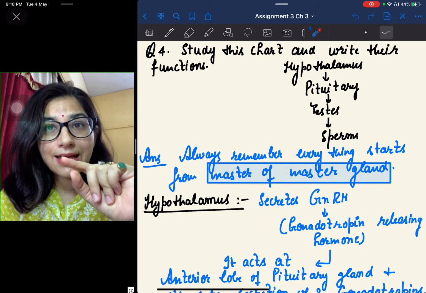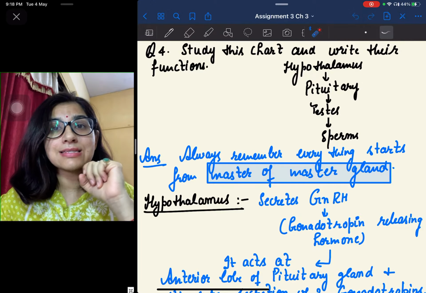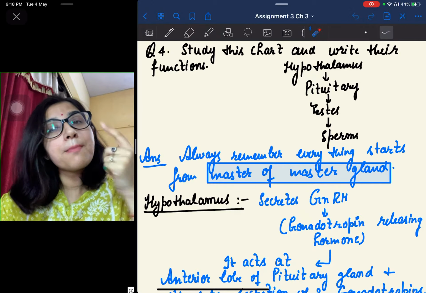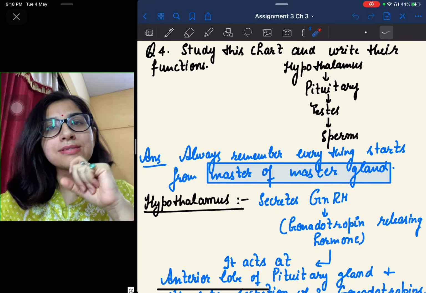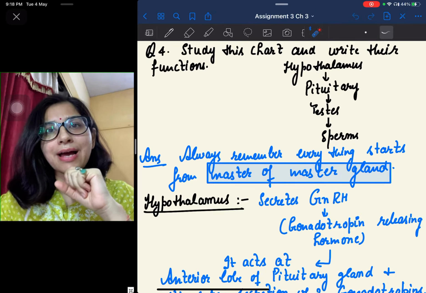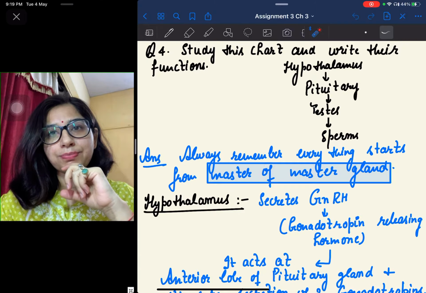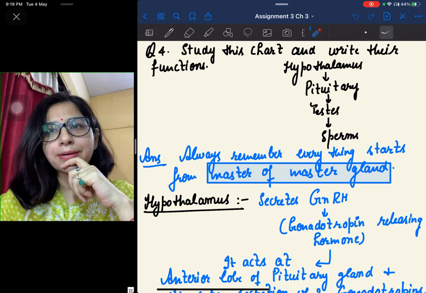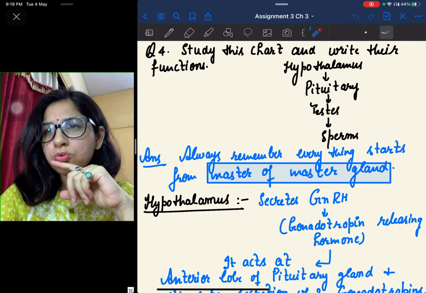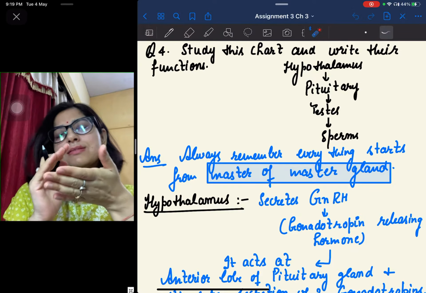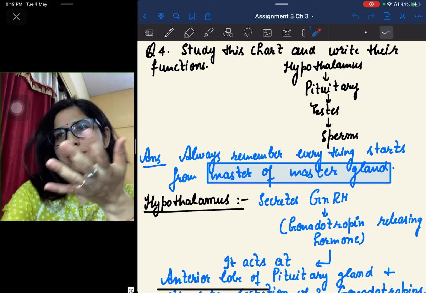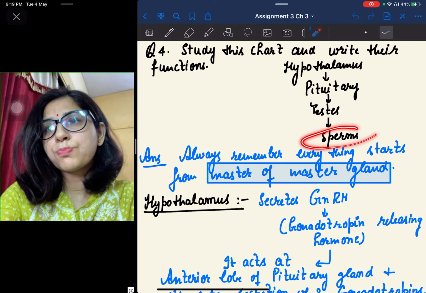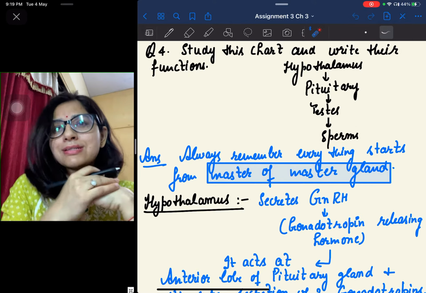In the hormonal case, always the signal starts from the master of the master gland. Who is the master gland first? The pituitary gland. Who is its master? That is the hypothalamus. So what does the hypothalamus do? During the male reproductive system, when sperm formation happens, how does it happen?